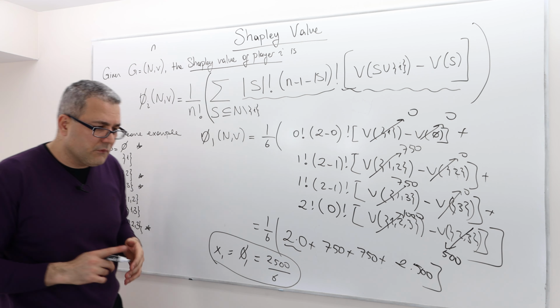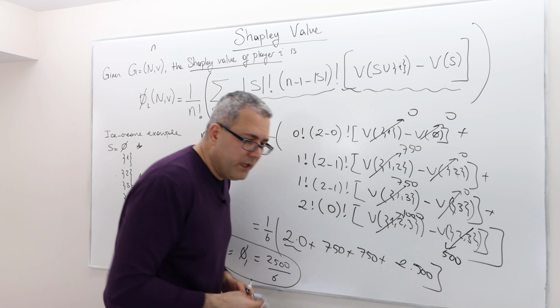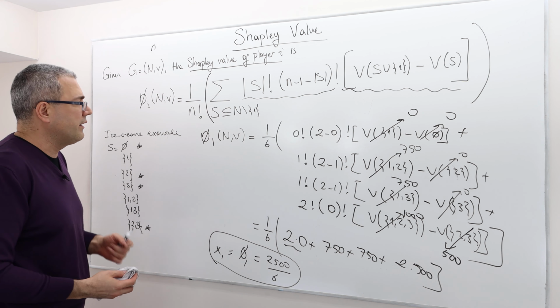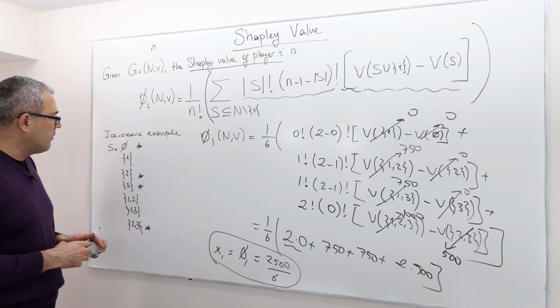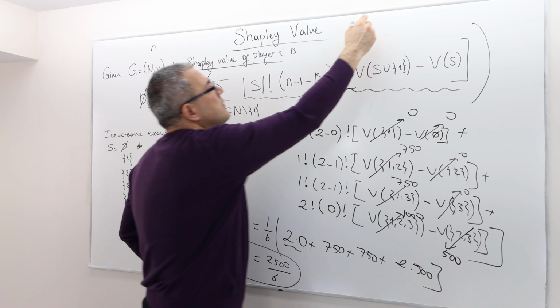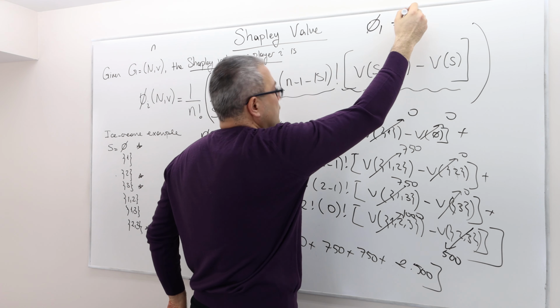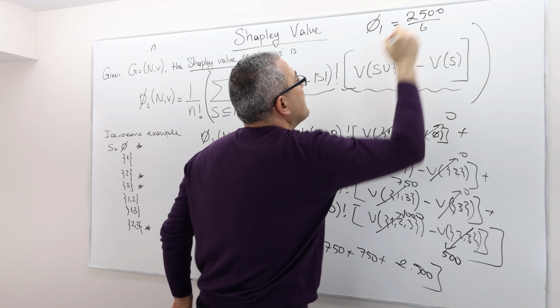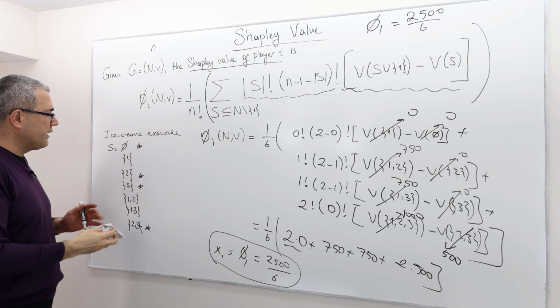Okay? Good. Shall we calculate the others? Yeah, I think we can. I think we still have time. So now I would like to calculate, so let's write this somewhere. So phi 1 equals 2,500 divided by 6. Now I'm going to do player 2.